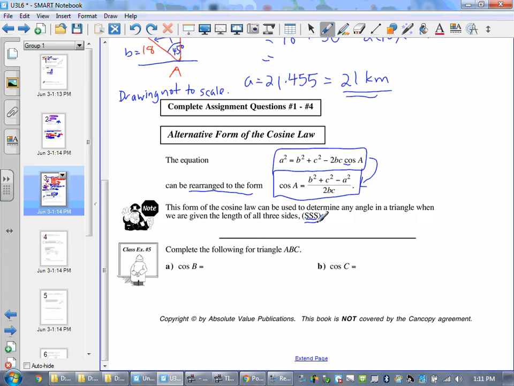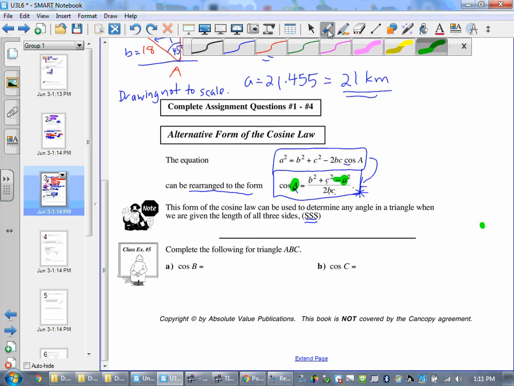If you know all the sides, you're going to use this version right here. All sides are known, no angles are known, so we can find an angle. Remember, we've got three different versions, or potentially more if we use different letters, so the same things need to match. This angle needs to match the minus a squared term, just like our other one. So far, so good.